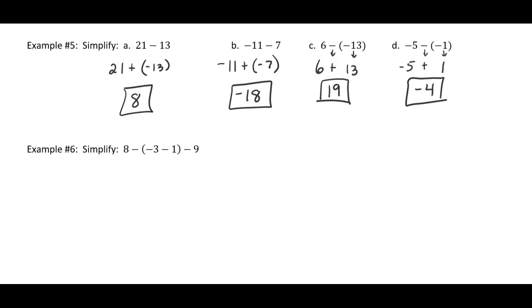And now we have this example with the order of operations here, so that'll be a fun thing to do. So I'm going to look at what I have. It looks like I have parentheses, so I want to focus on those parentheses right now. So 8 minus, and then I'm going to look inside these parentheses, and I'm going to change it from subtraction. So it's going to be a negative 3 plus a negative 1.